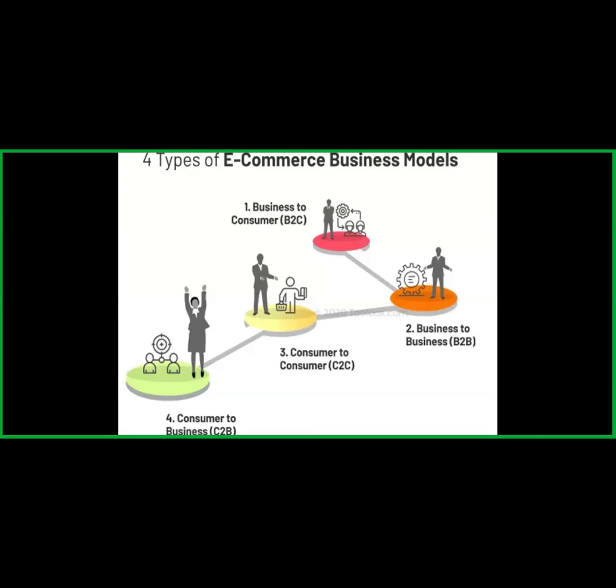And this vlogger is getting paid by the company. Not only bloggers, there are other people also who are selling their products and services to companies, and companies are paying for those services and products, and that is called C2B, consumer to business.